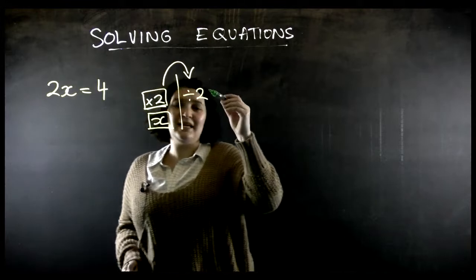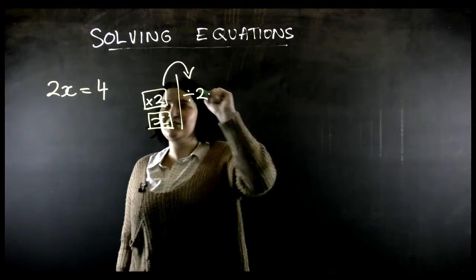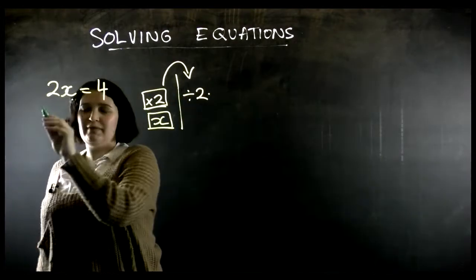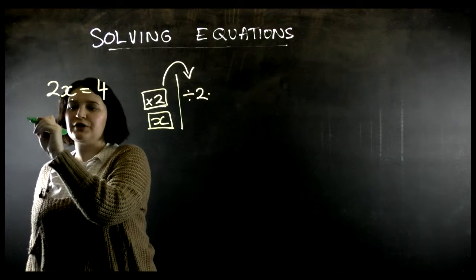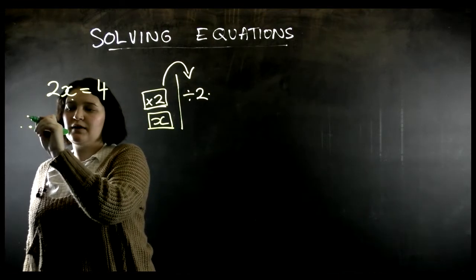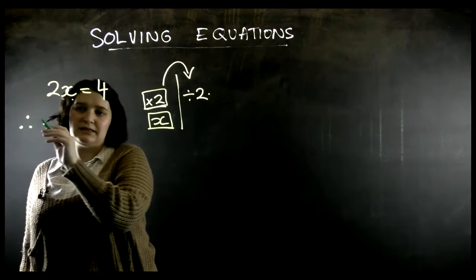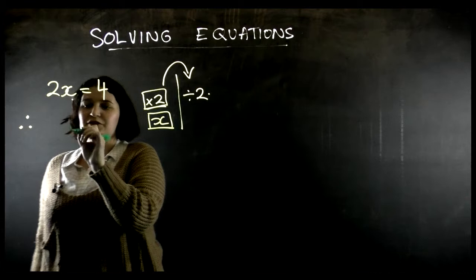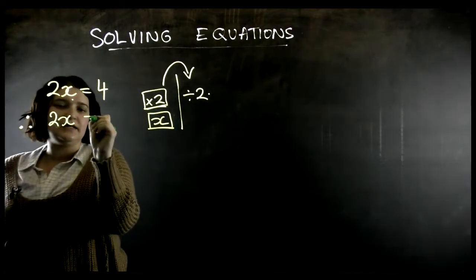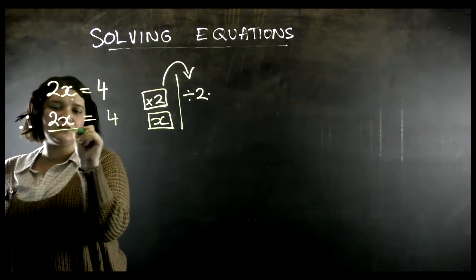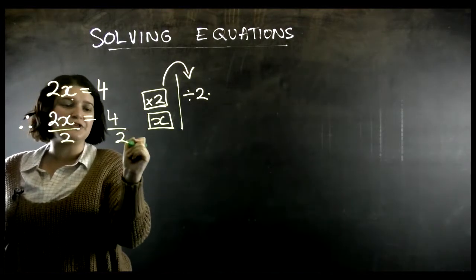And what that tells me now is this operation is what I need to do to get x by itself, make it the subject of this formula. So therefore, and I'm writing therefore because I've got a new thinking step, I'm dividing by 2. 2x equals 4, divided by 2, divided by 2.